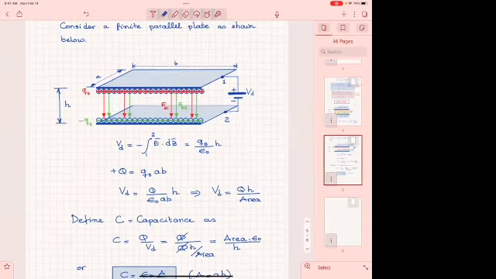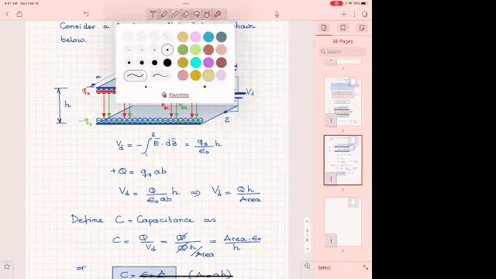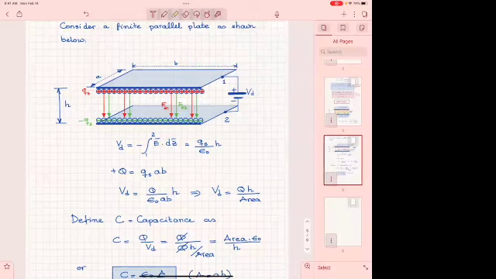And as a matter of fact, I could do it here and put a dielectric in between. Since we have a dielectric, our formulas here are going to have epsilon instead of epsilon naught. So that's the only difference.